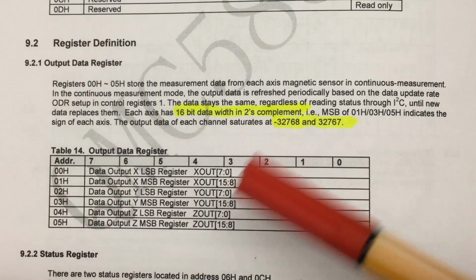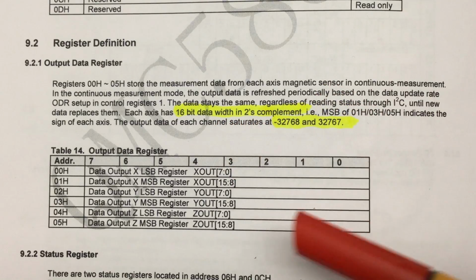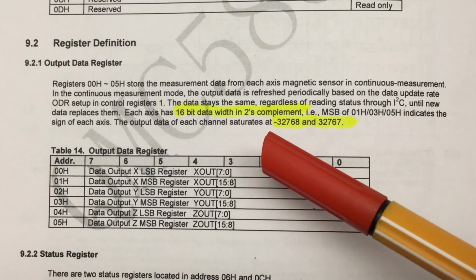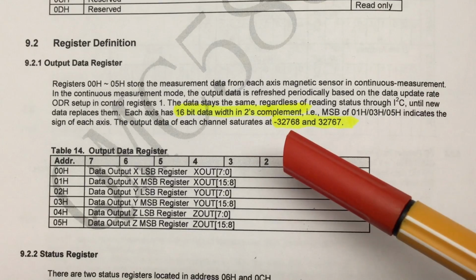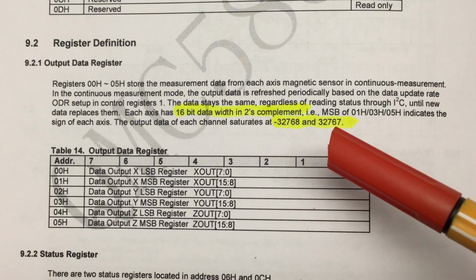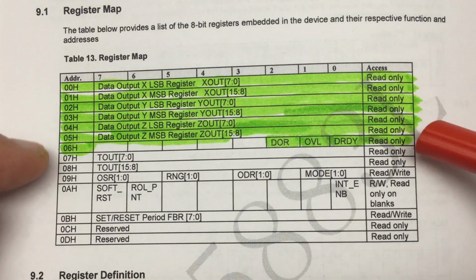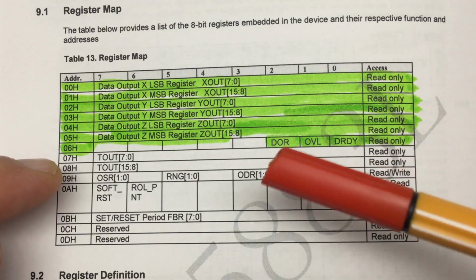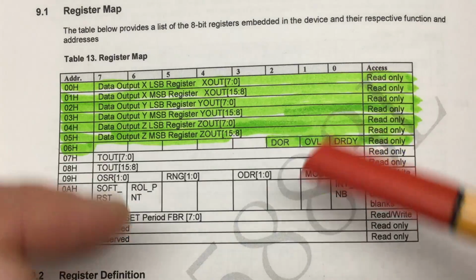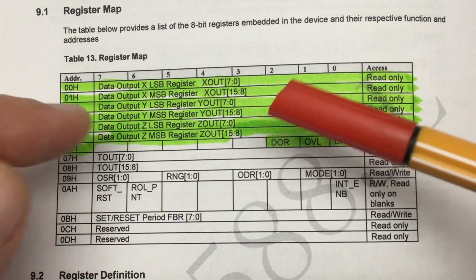And these 2 bytes form a 16-bit integer in 2's complement. So with a value range from -32,768 to 32,767.